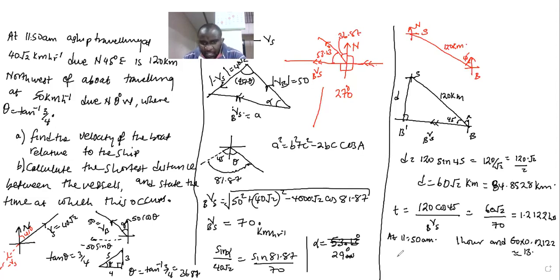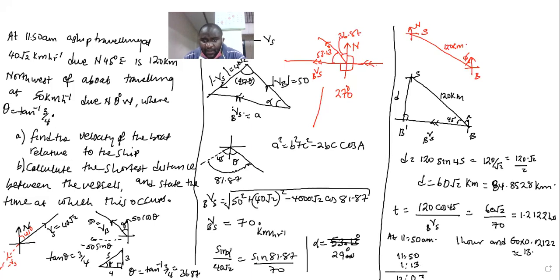So it means you'll get the time as 11:50 plus 1 hour and 13 minutes. When you add this together, you divide 63 by 60 to convert to hours, which gives you 1, remainder 3.